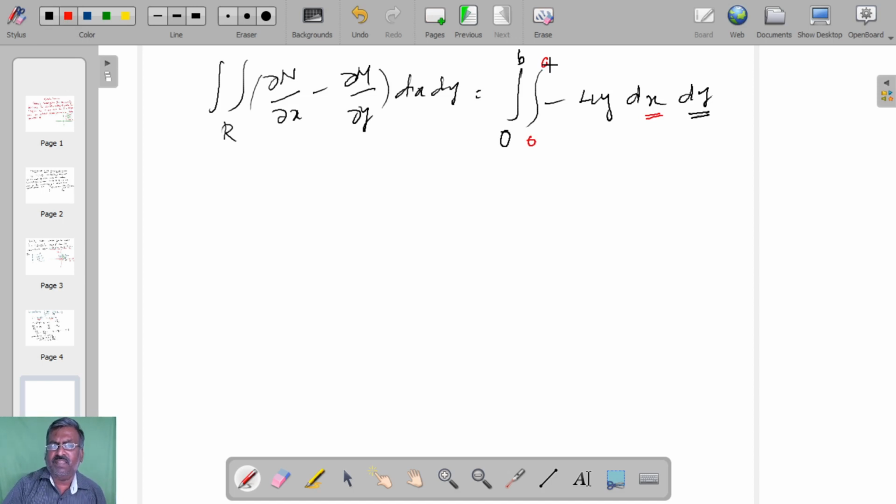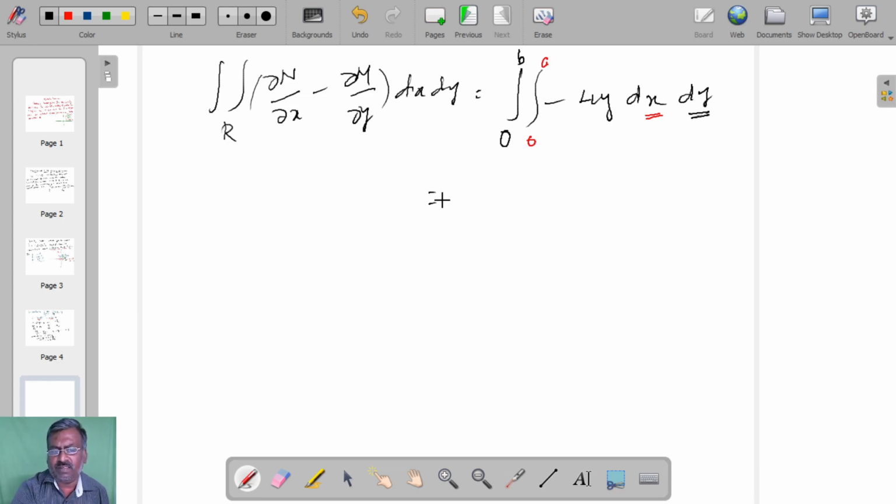Now see the limit. The limit does not depend upon the variables x and y. So in this case we can write the double integral as a product of two single integrals. If the limit is not in terms of x and y, then we can change the double integral into the product of two single simple integrals.